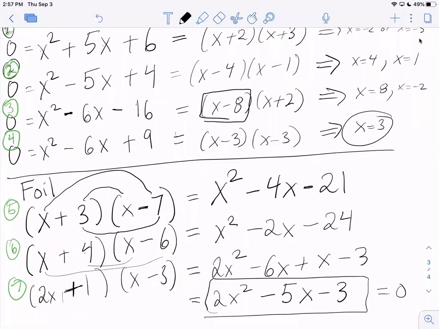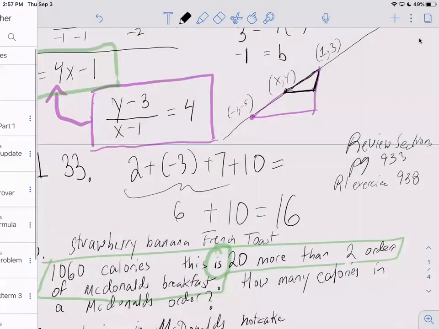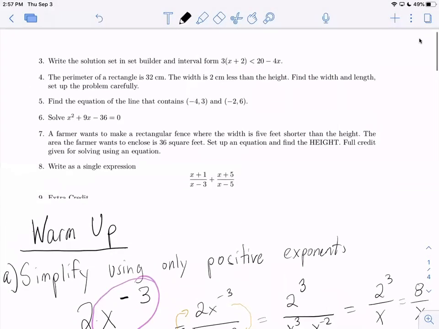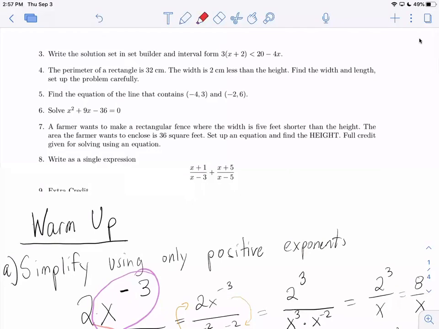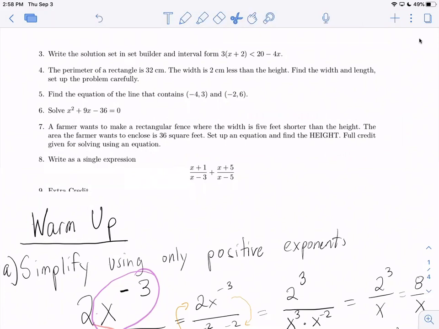All right, let's move on to, where was it here? Okay. So let's move on to this one. Number 7 and 8. So let me copy and paste.